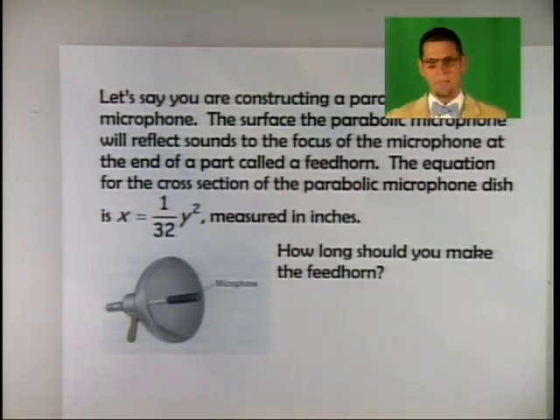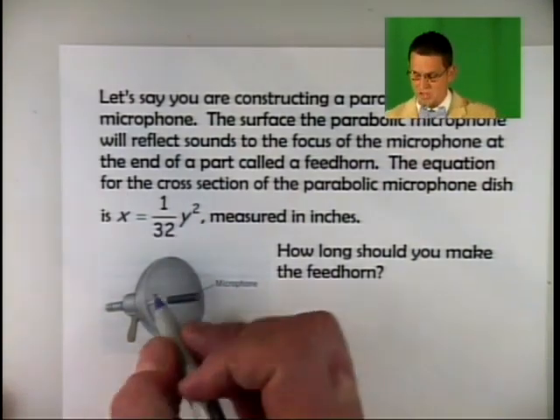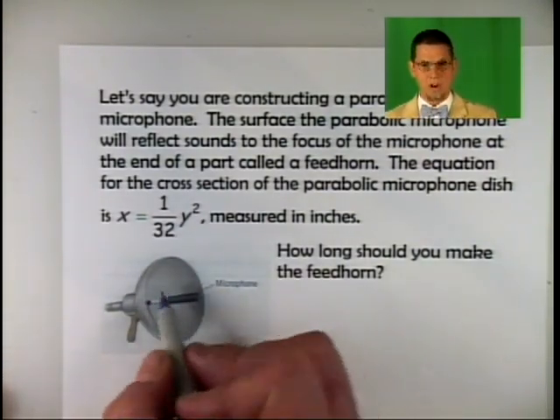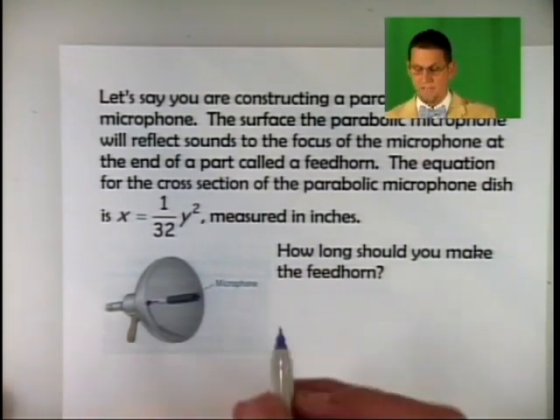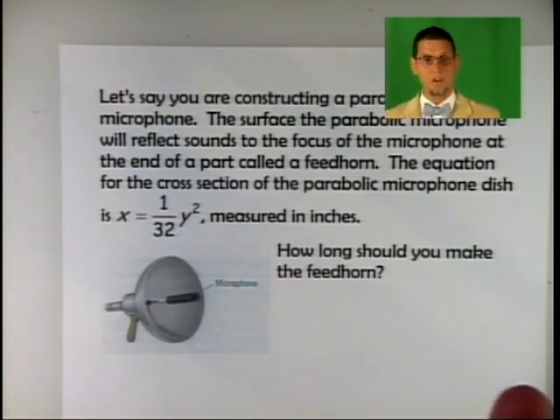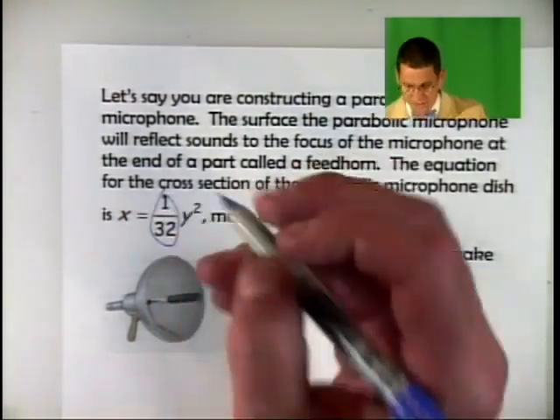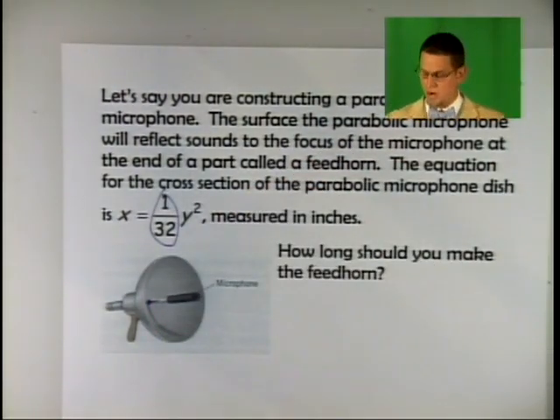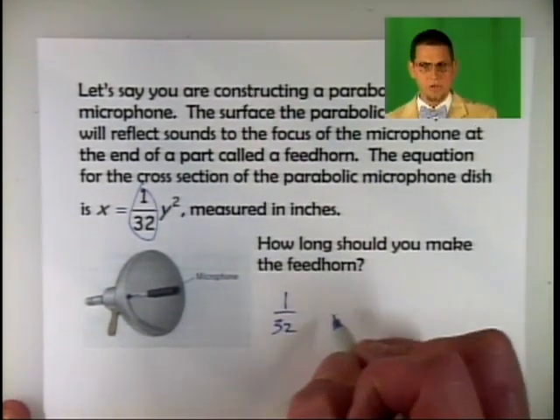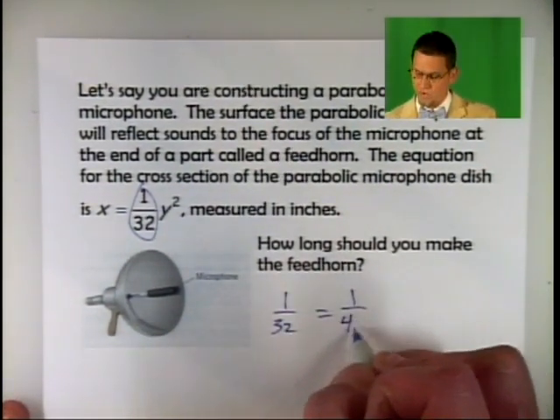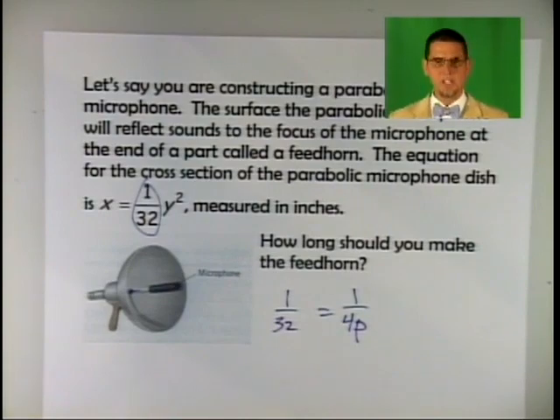Okay? Well, remember, all we're looking for is simply the distance from the vertex, which is right there, to the focus, which is our value of p. Notice that this is the coefficient of the squared term, so 1 over 32 must equal 1 over 4p. And we're dealing in inches here.